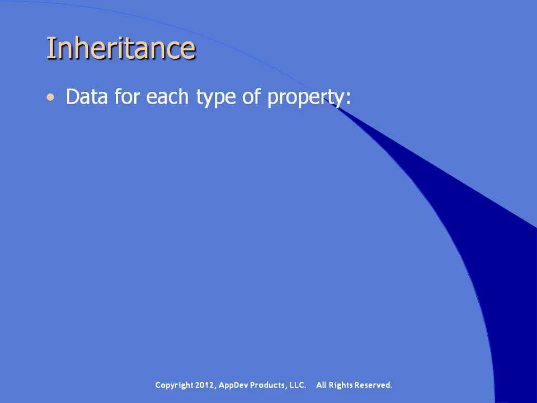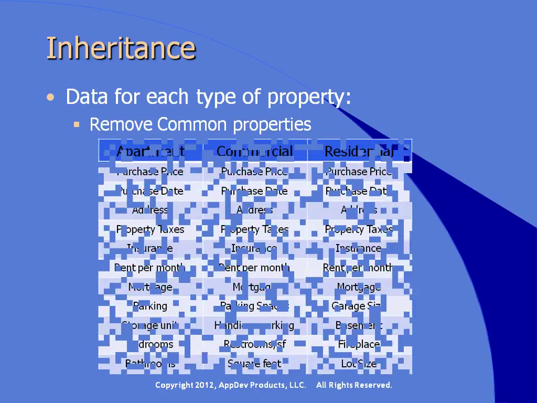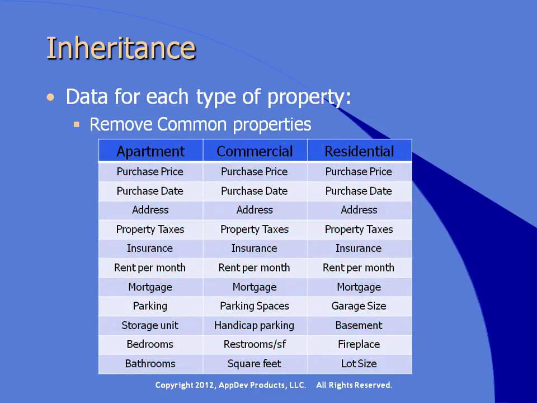So we sat down, we had a conversation, and what we wanted to do was to remove the common properties and collect together all of those common properties into one class. Then we would look for the divergent properties, and we would make a list of those.